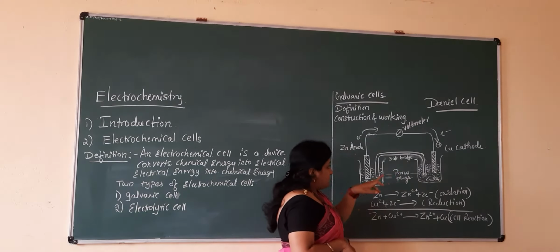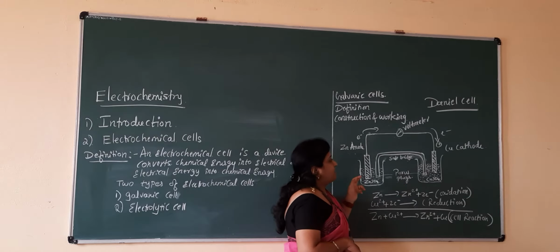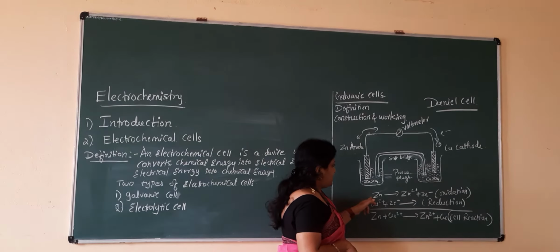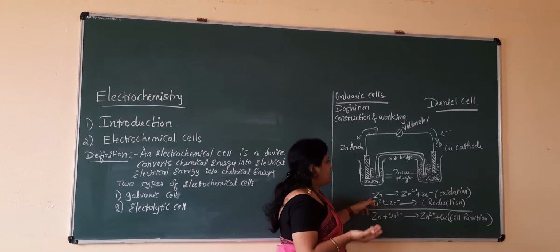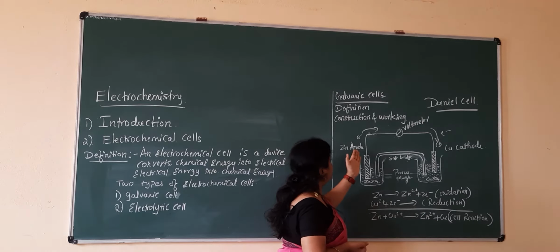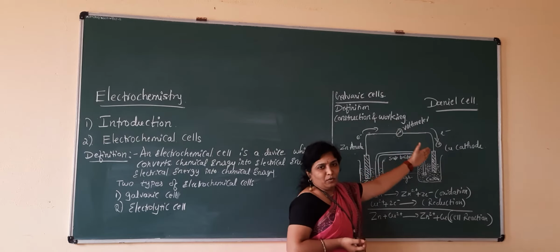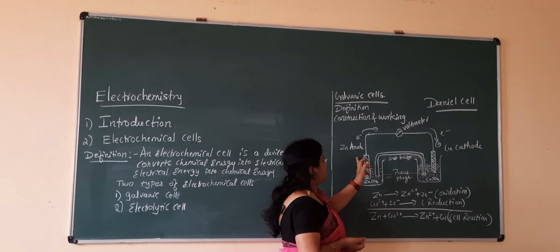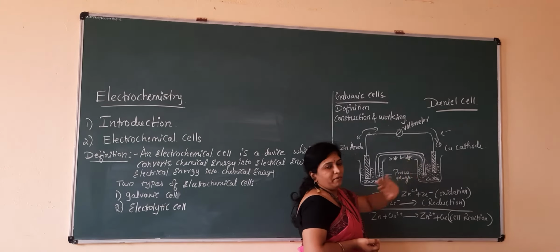So these are the reactions taking place here. There will be movement of electrons from the zinc anode towards the copper cathode.